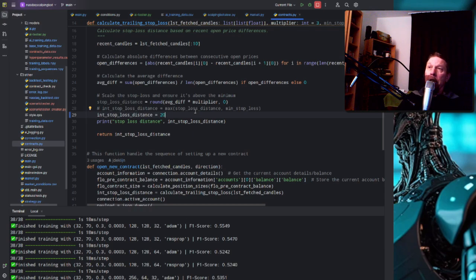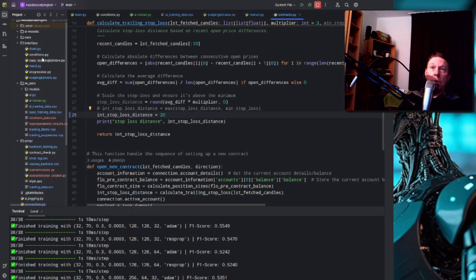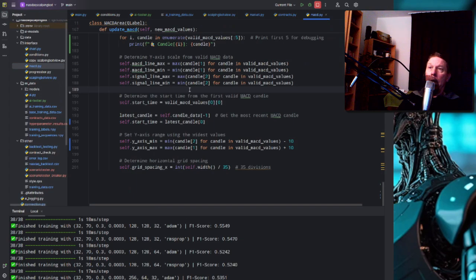So no other changes in the code except for the market, where is my, did I close it? Where is my MACD py? Besides everything on this, by the way, I posted the new code as it is right now on GitHub.